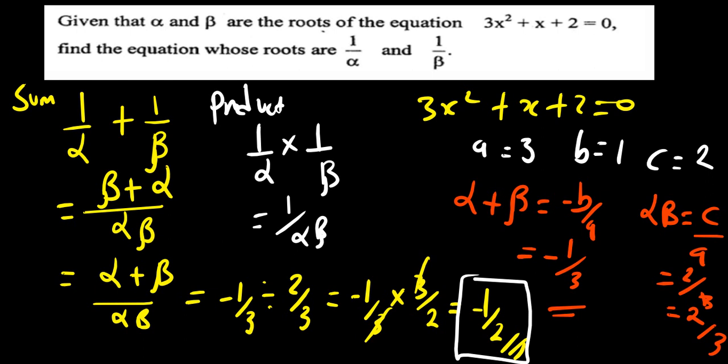So we're saying 1 will be divided by our alpha beta. We have found that is 2 over 3, and according to your division they will change sign. So you are going to have 3 over 2. So this will be your product.